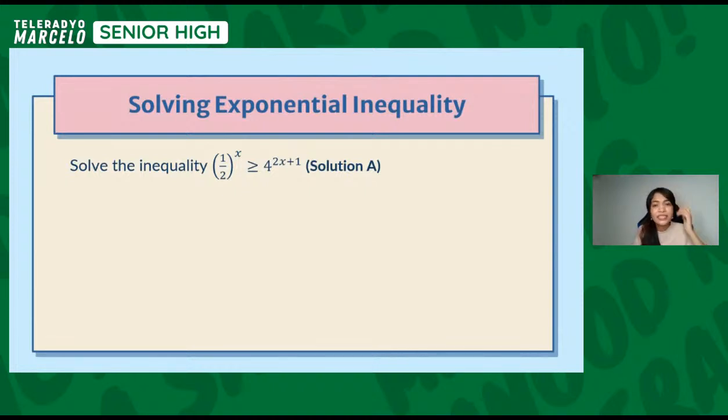So in some cases kasi, we may solve exponential inequalities using two different solutions. That is when our given involves a fraction on one side and whole number on the other side. So, tingnan natin kung paano natin gagawin yung dalawa na yun. Let us first solve this using the first solution.